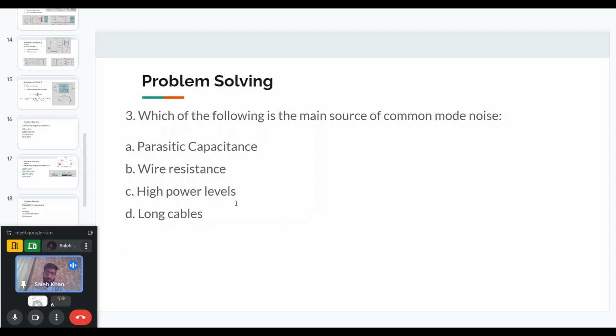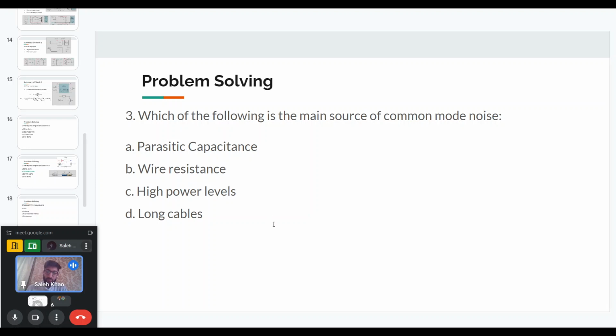Similarly, if we have higher power levels, that means the voltage and current levels are higher, then the dV/dt and dI/dt will also be higher, so the noise may be increased. Wire resistance, I mean, higher wire resistance may provide more impedance to the noise, and it may lead to more losses.